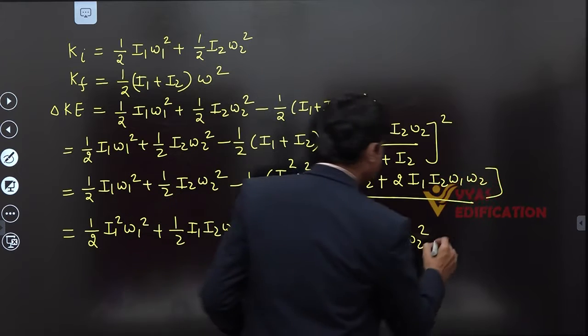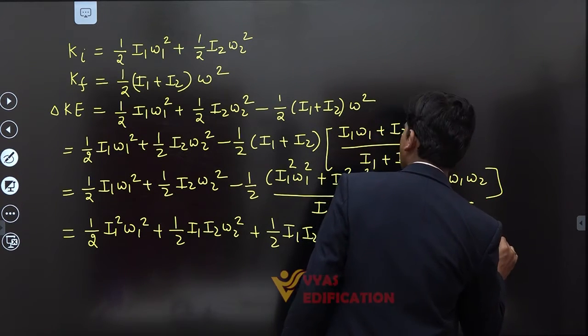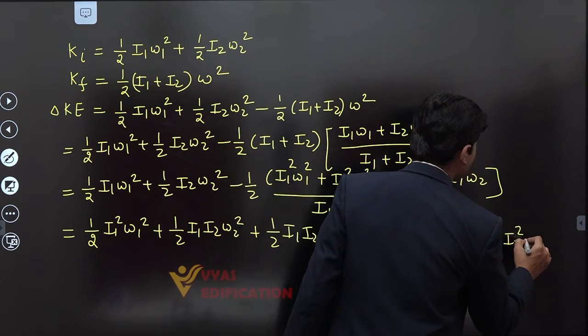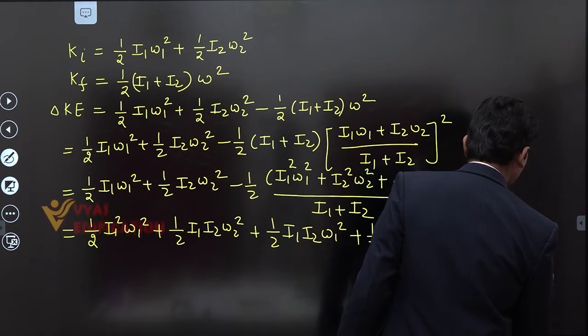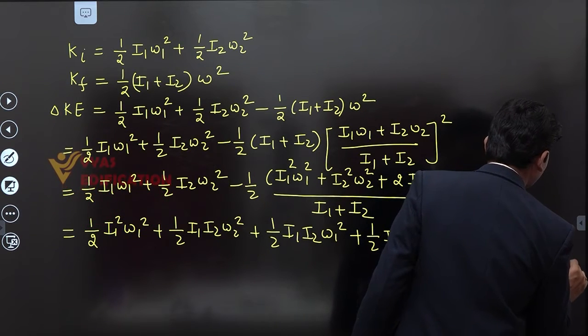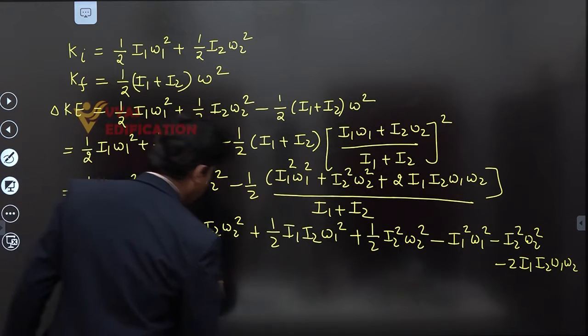Now we can write like this, minus I1 square omega 1 square minus I2 square omega 2 square, clear, and minus 2 I1 I2 omega 1 omega 2, clear, and it is divided by I1 plus I2, clear.